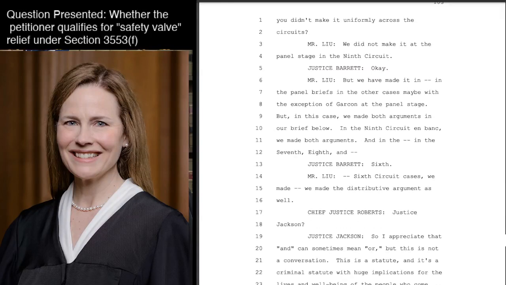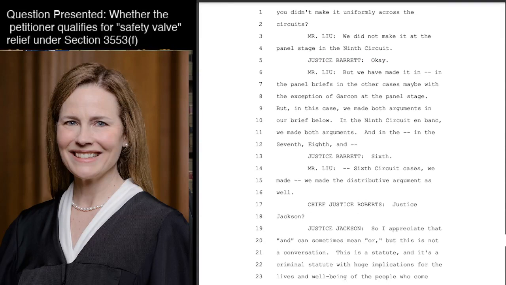We did not make it at the panel stage in the Ninth Circuit, but we have made it in the panel briefs in the other cases, maybe with the exception of Garcon at the panel stage. But in this case, we made both arguments in our brief below. In the Ninth Circuit en banc, we made both arguments, and in the 7th, 8th, and 6th Circuit cases, we made the distributive argument as well.